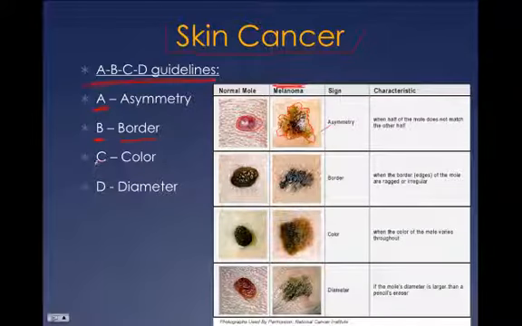Color of that mole could also differentiate whether or not it's normal or cancerous. So if the color of the mole varies all throughout, then that's something that you want to have looked at. So you can see it's darker here and lighter here. That's something that you want to look at. And also if the color changes throughout time.